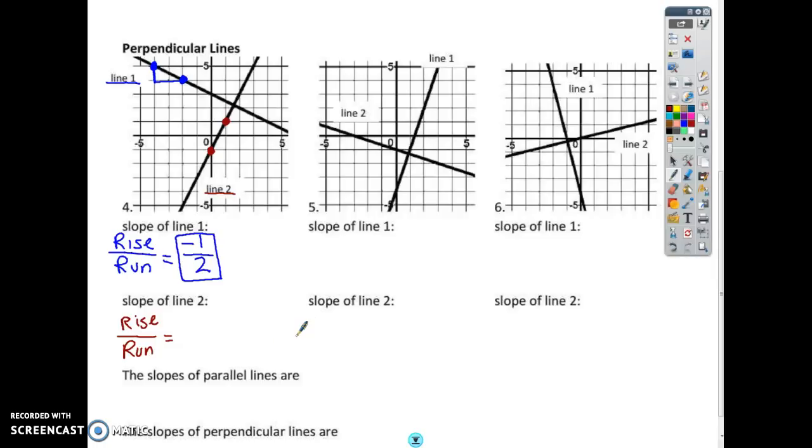What you're going to understand from now on about perpendicular lines is that one of the slopes is going to be positive and the other slope is going to be negative. Okay? From now on, perpendicular lines, one is positive, one is negative. So if this one was negative, this one has to be positive. So how much did I rise? 2. How much did I run? 1.